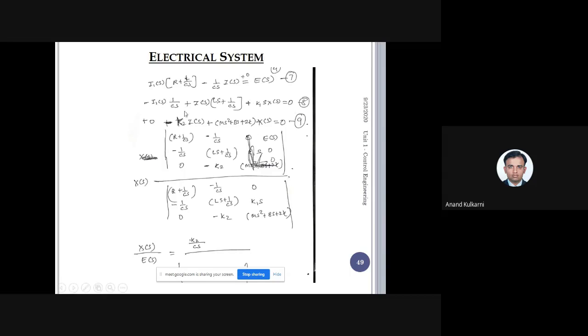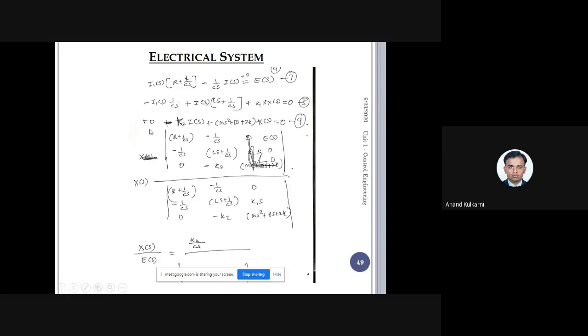And in the first loop, I have written coefficients of I1 first, then I next, X third, and right hand side. So in the first equation, we have coefficients corresponding to I1 and I alone. There is no coefficient corresponding to X, but the right hand side is E of S. In the second equation, all the three coefficients are there. That is I1, I, and X. And right hand side is 0.